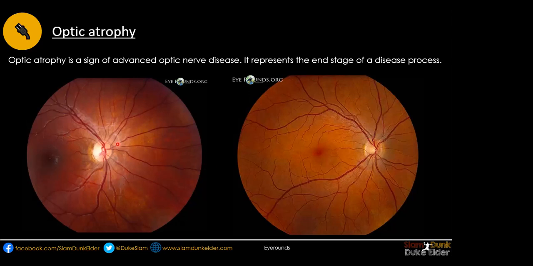You could probably convince yourselves that the disc margins are there as they usually are, but the vessels on top of the disc become harder to make out. They're not as clear. So with optic atrophy, you've got a dirty sort of dusky disc with optic disc margins which aren't very clear. And optic atrophy can be primary or it can be secondary.